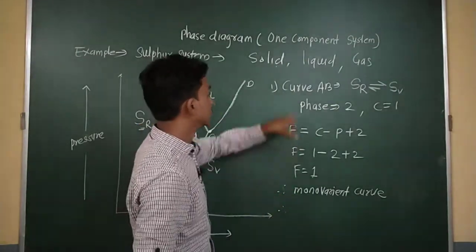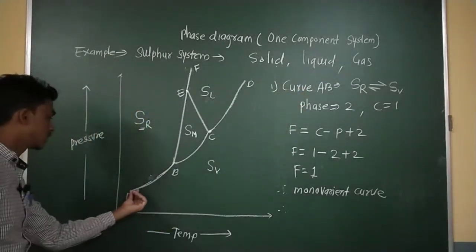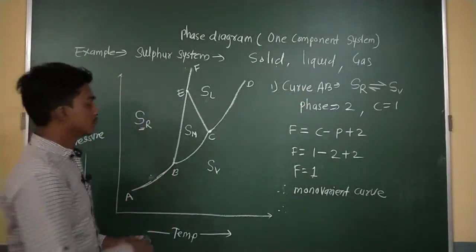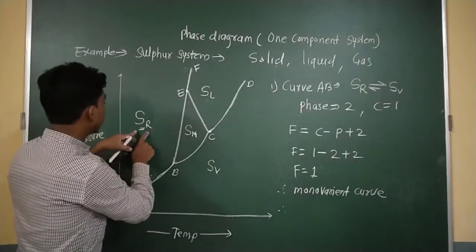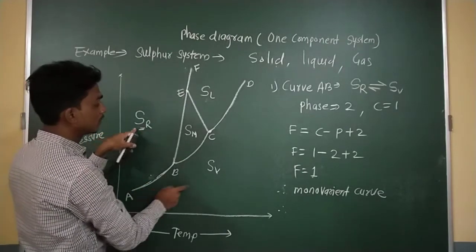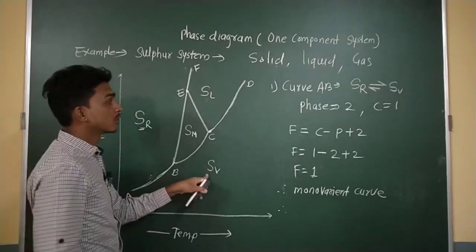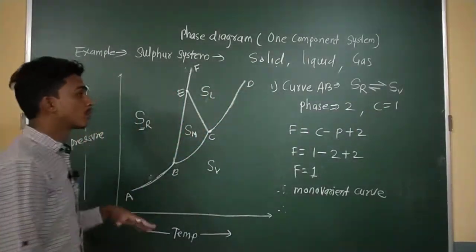Three points are very important from curve AB. This curve has the equilibrium between rhombic sulfur and sulfur in vapor form. The number of phases is 2 and the number of components is 1.